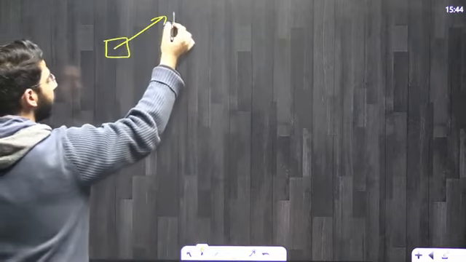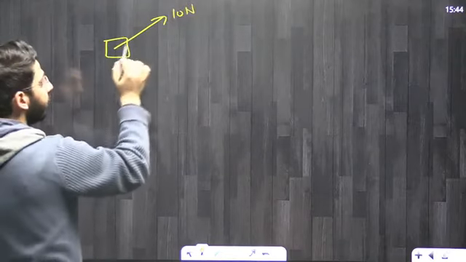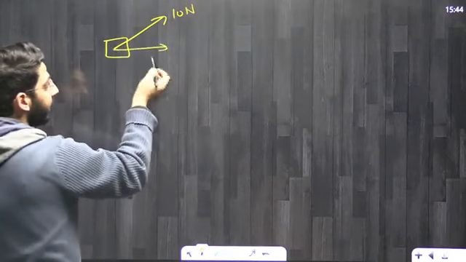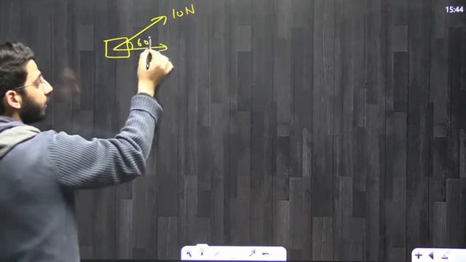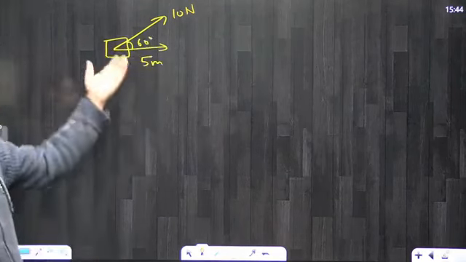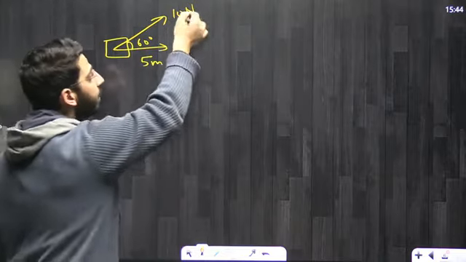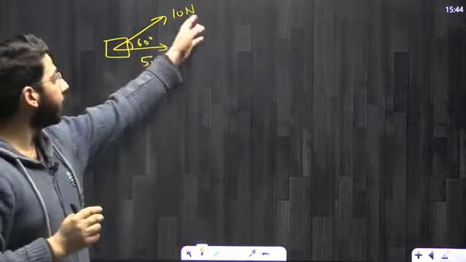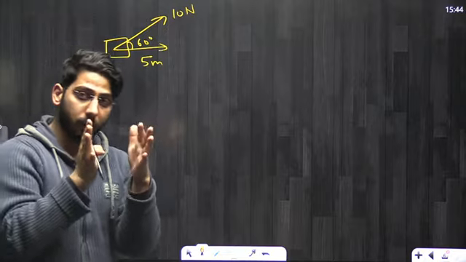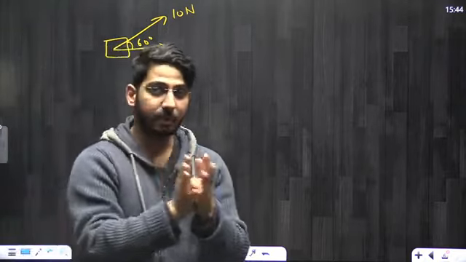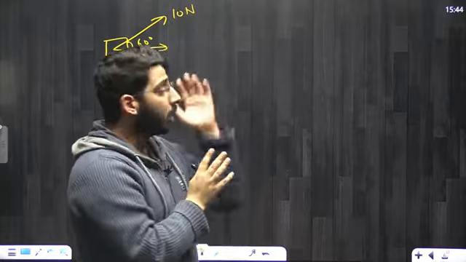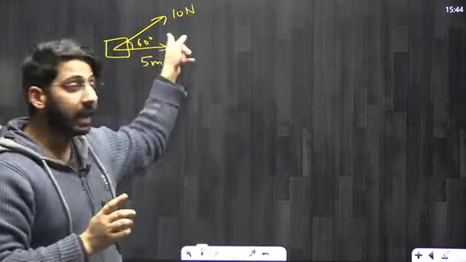There could be a force given, for example 10 Newton, applied on a body which gets displaced by 5 meters, and the angle between them is 60 degrees. This is the magnitude-angle form. In the previous case you were given the Cartesian form of the vectors, like i cap, j cap, k cap, and now you are being given the magnitude and the angle between the vectors.